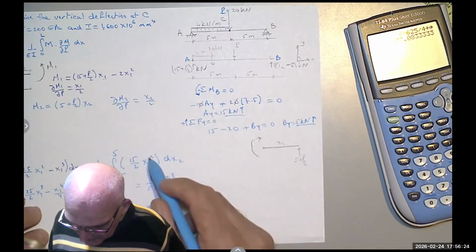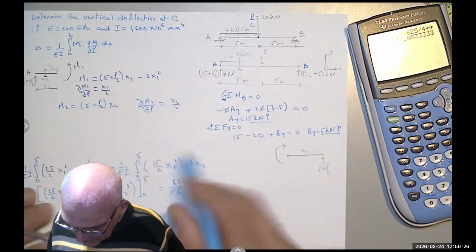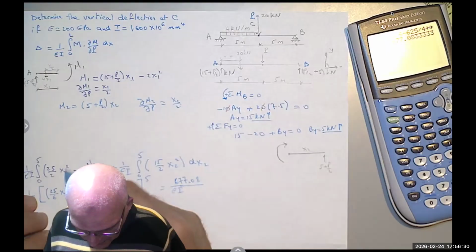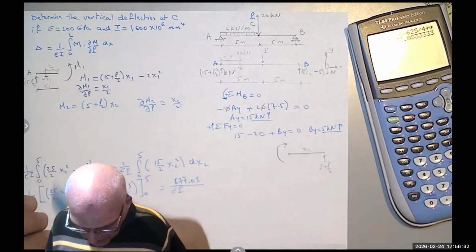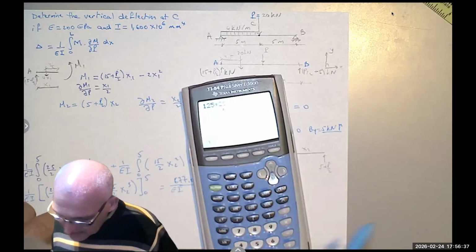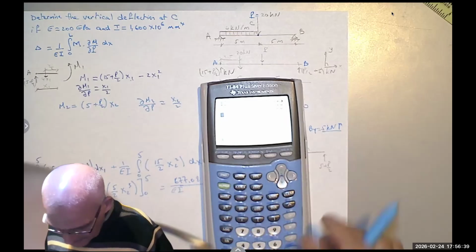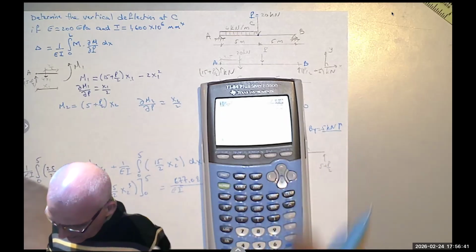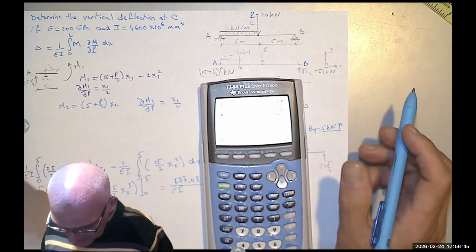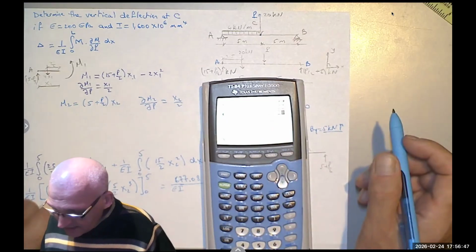That would be 5 halves x2 cubed. This would be cubed over 3, which makes it 6. 125 times 25 over 6 minus 625 over 4 plus 625 again over 2.